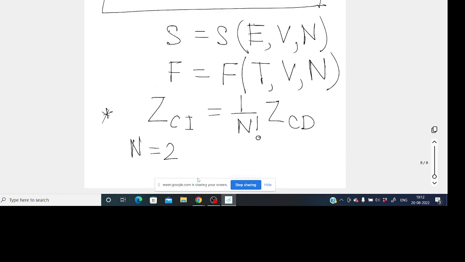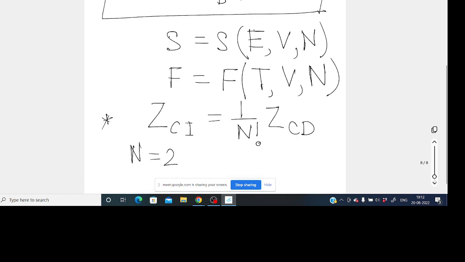So I am explaining to you why there is 1 over n factorial. Let's say there are 3 particles. If the particles are distinguishable, we should write them with different notations.